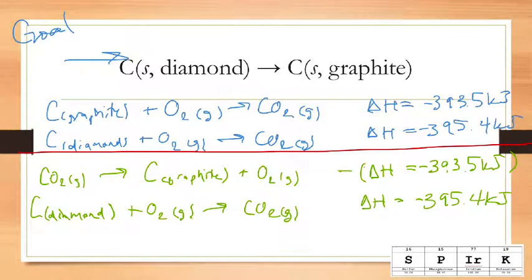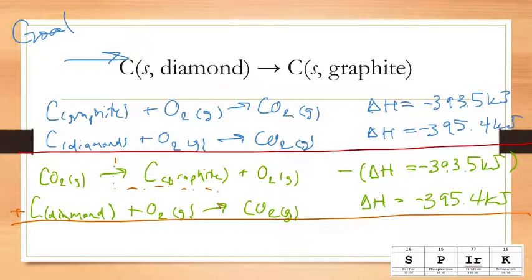And so what we are doing now is adding up our equations. Let's go to orange, and we're going to add these two equations. If we add these two equations and cross off our spectator ions, we can split these by reactants and products. If something is repeated, we can cross it off.